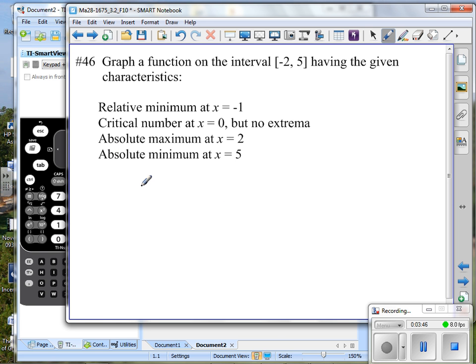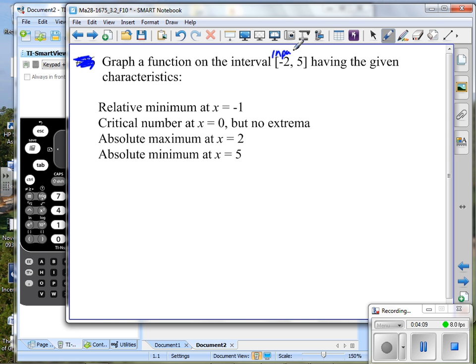Well, again, those are so close in nature. Let's see, we did something like this, I believe, in class, didn't we? It might have been the Calc 1 class, so let's do this one. Again, I don't know if it's 46 or not, so we'll scratch that out. Graph a function on the interval from -2 to 5. Question, inputs or outputs? These are inputs.